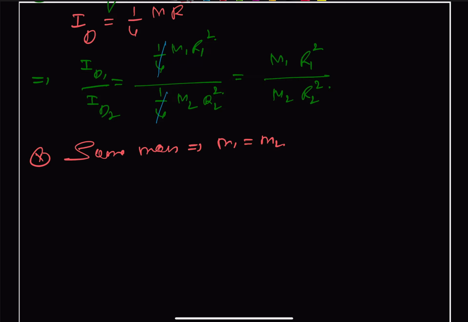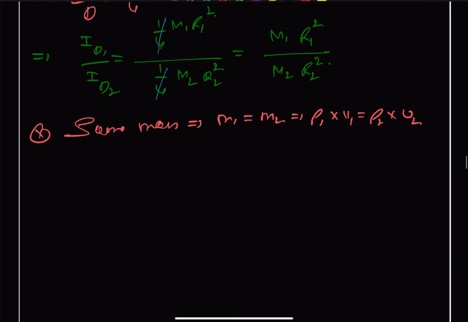So based on this we can write that m1 will be equal to rho 1 multiplied by volume v1, which is equal to rho 2 multiplied by volume v2, and volume will be equal to pi r square h.